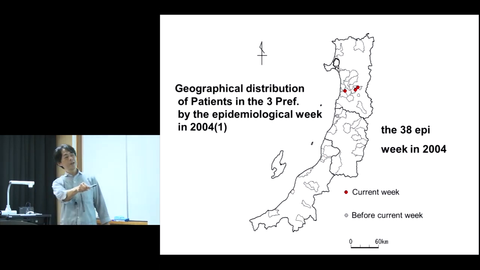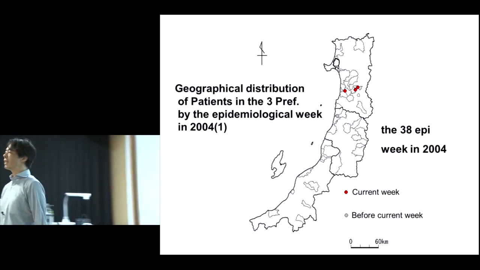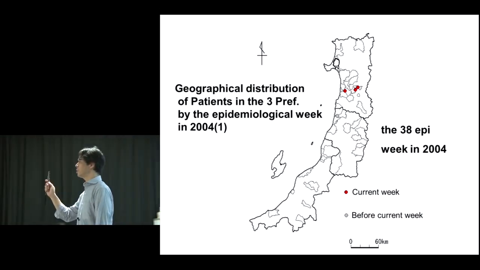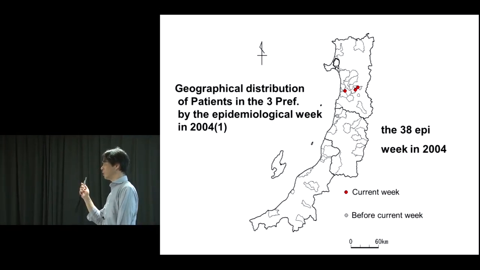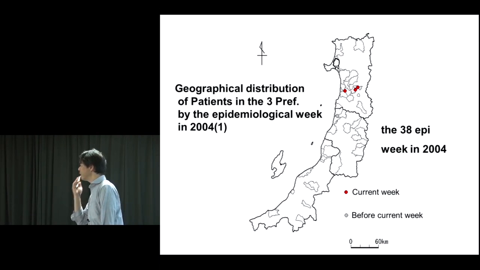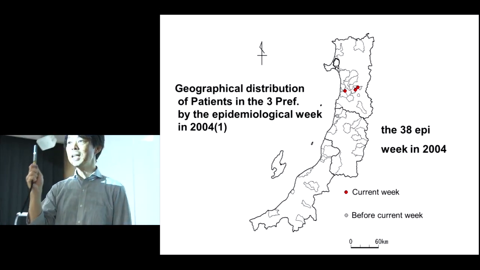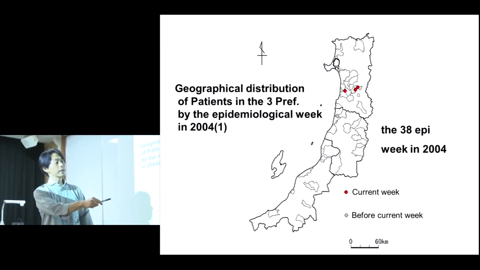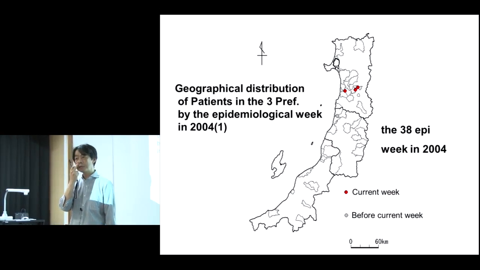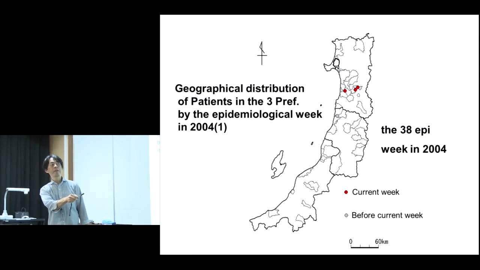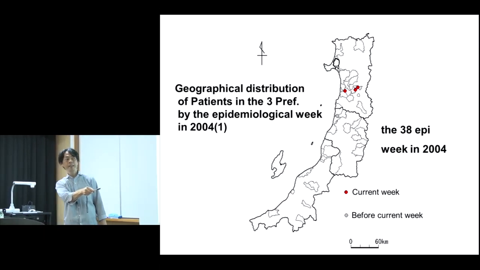So this is epidemic week 38. That's the beginning of the epidemic curve. Epidemic week 1 is the first week of January, so week 38 is the midsummer or the end of summer. In the first week, the 38th week of the epidemic, we identified three cases in the northern part.